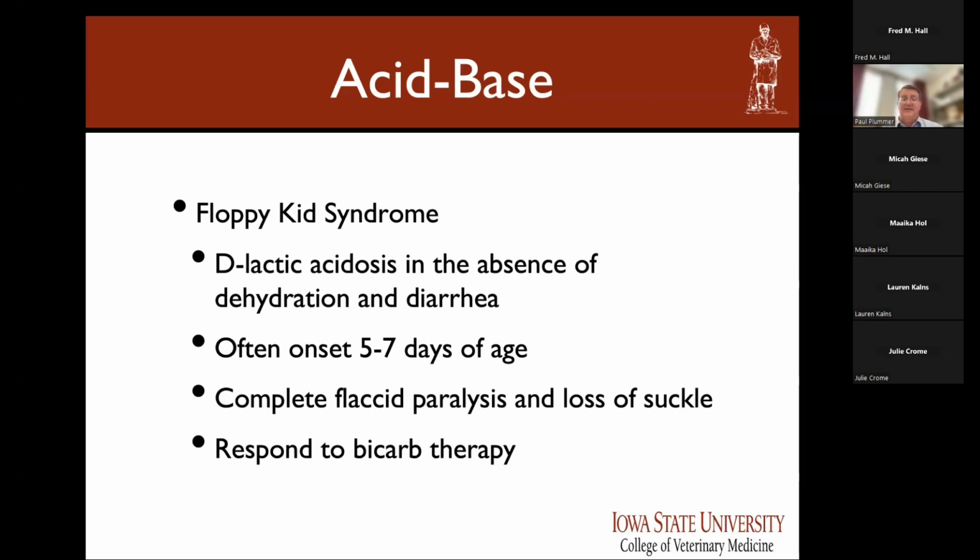They tend to be a little bit older in age, but they become completely flaccid and lose their suckle, but they respond generally quite effectively to bicarb therapy because we're raising that blood pH. I know this is all fairly technical, but my goal with spending a bit of time talking about it is just really trying to drive home to you how important this blood acid base issue is.